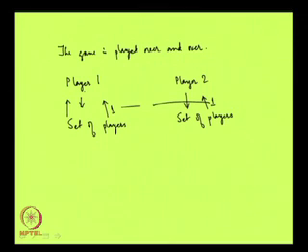Now, a pair of actions can be steady state, they can remain the same, only if they are optimal to each other.